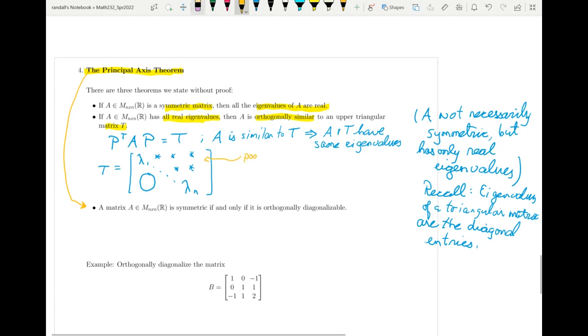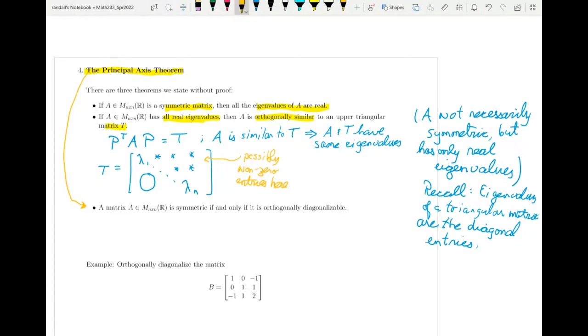Possibly non-zero entries. But zero below the diagonal. That's an upper triangular matrix. So that's what this statement is saying here.